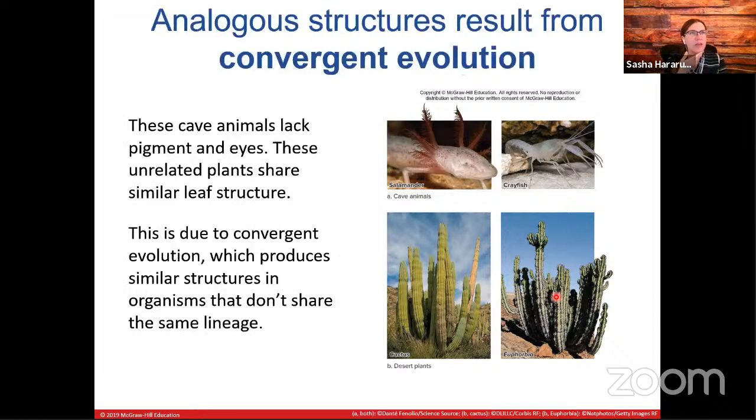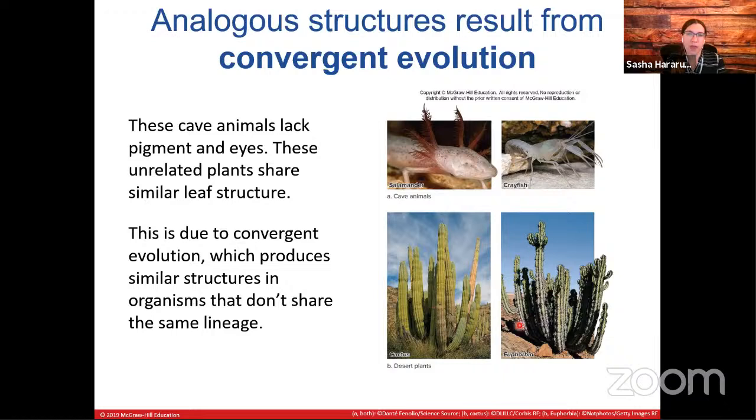So analogous structures result from so-called convergent evolution. If the conditions in which two organisms live are the same, eventually these organisms are likely to develop the traits that are beneficial for surviving in that environment.